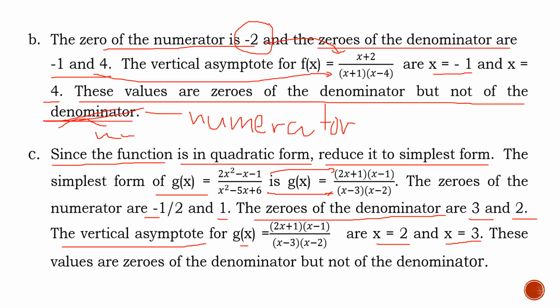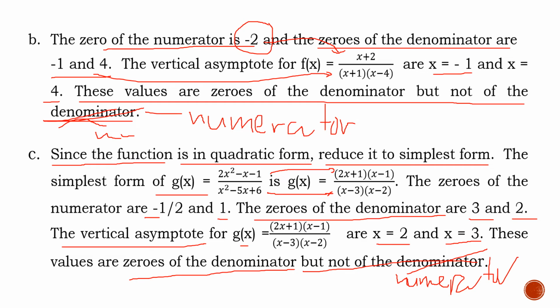Because these values will make your denominator equal to 0, but they are not zeros of the numerator. It's a typographical error again.